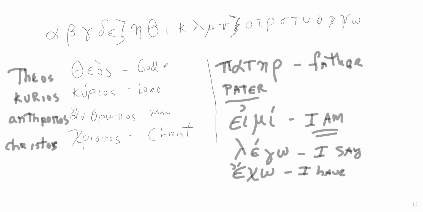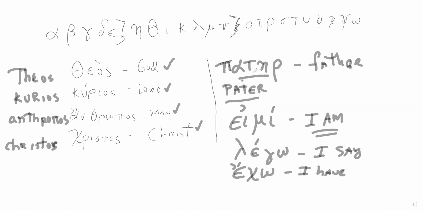Theos, the most common noun, occurs over 1,000 times, 1,300 times. The word kurios is another word that occurs 700 times. Anthropos occurs over 550 times. Christos is 529 times, and pater, which means father, is 400 times.